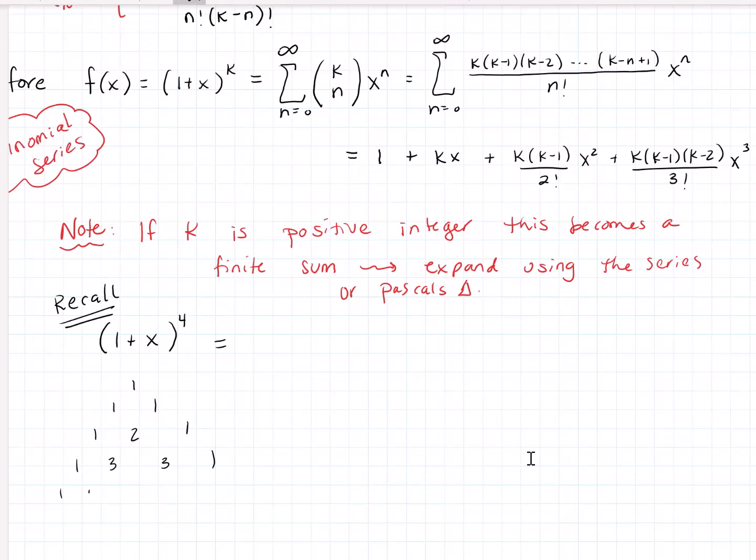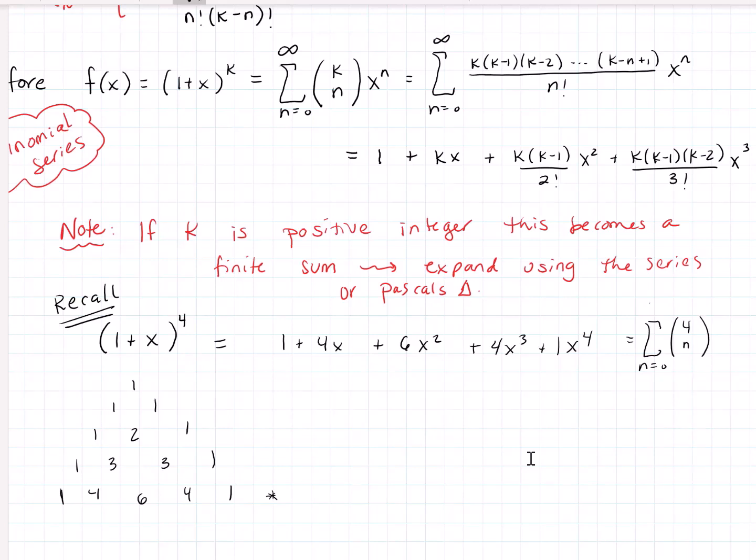So continuing with Pascal's triangle, this is the line we need if we're going to go out to the 4th. These are the coefficients we would have, and this would be 1 plus 4x plus 6x squared plus 4x cubed plus x to the 4th, if we were to expand this out. But it turns out that that is exactly the same as doing 4 choose n from n equals 0 to 4. It becomes a finite sum, x to the nth.